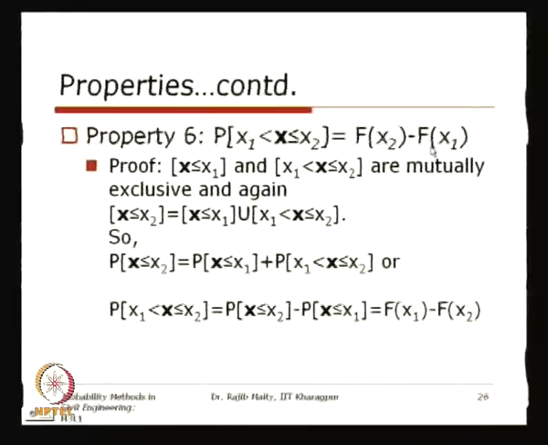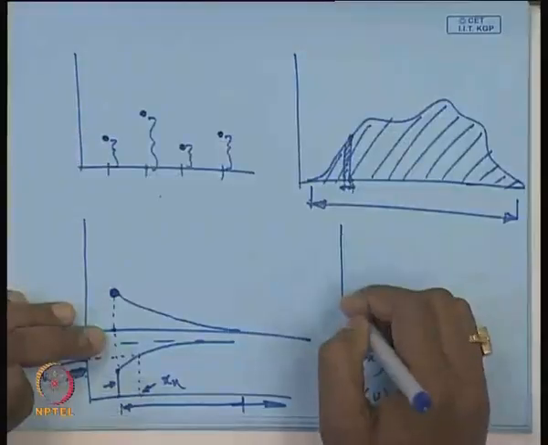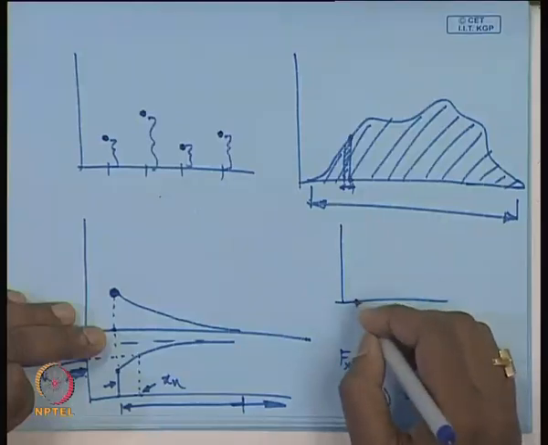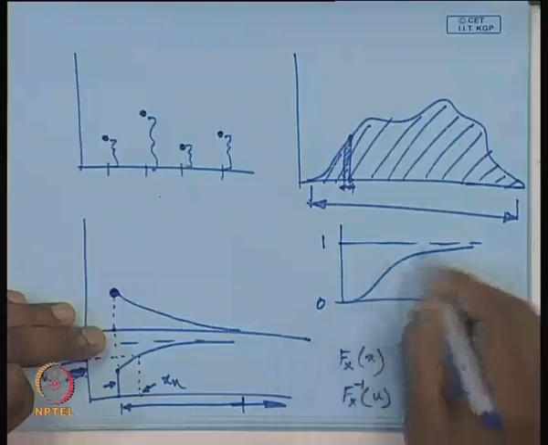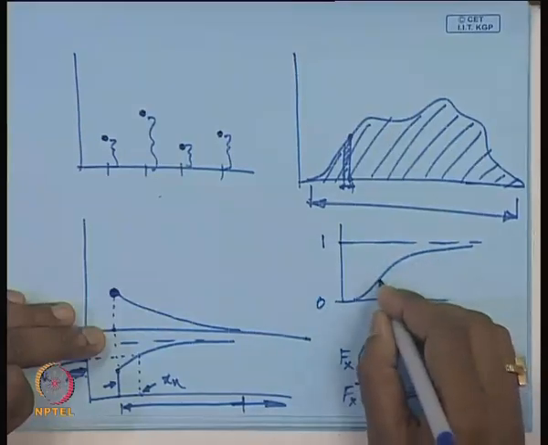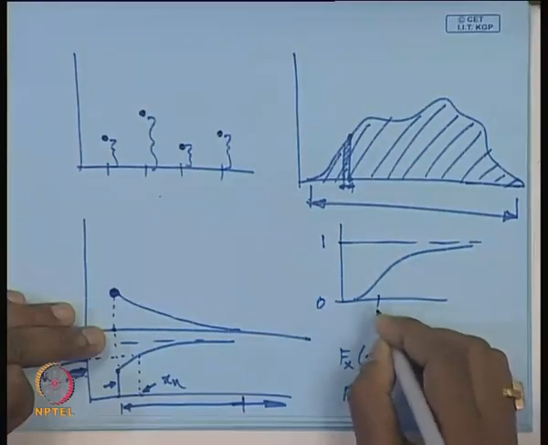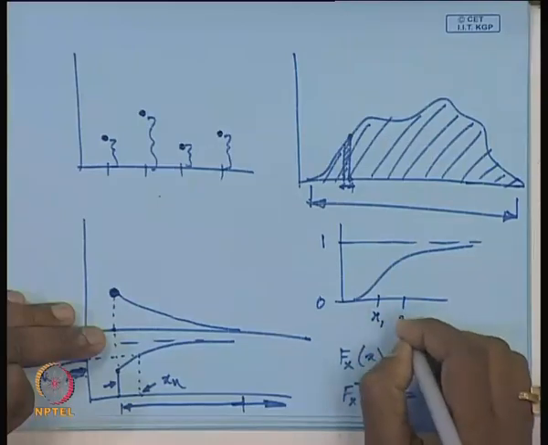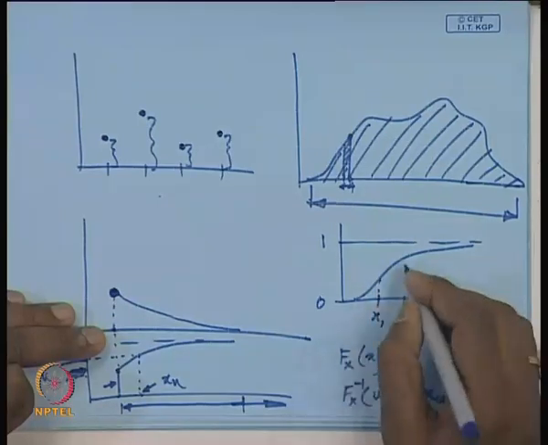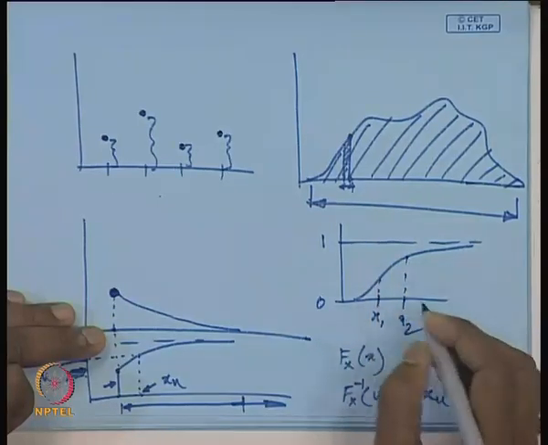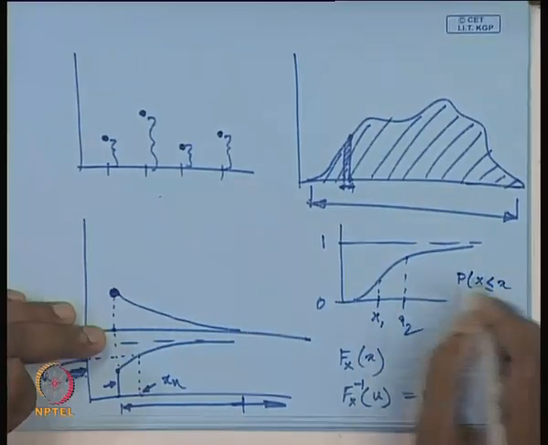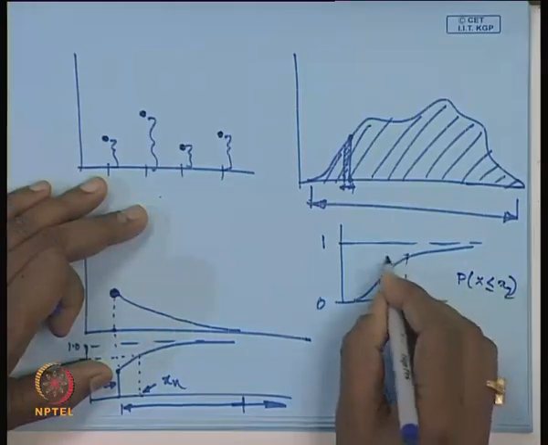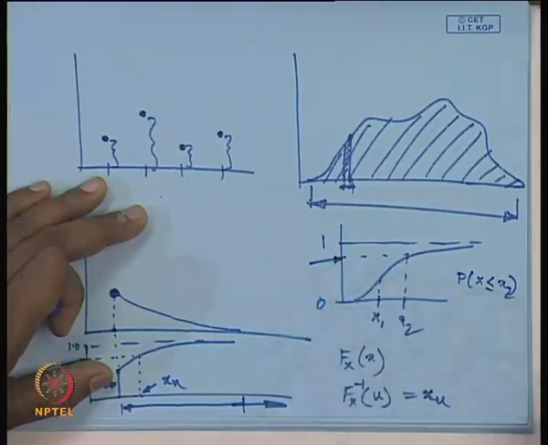Graphically, if I take two values, where the curve starts from 0 and goes like this, and this is x1 and this is x2, then the probability that X is less than or equal to x2 is this particular value.